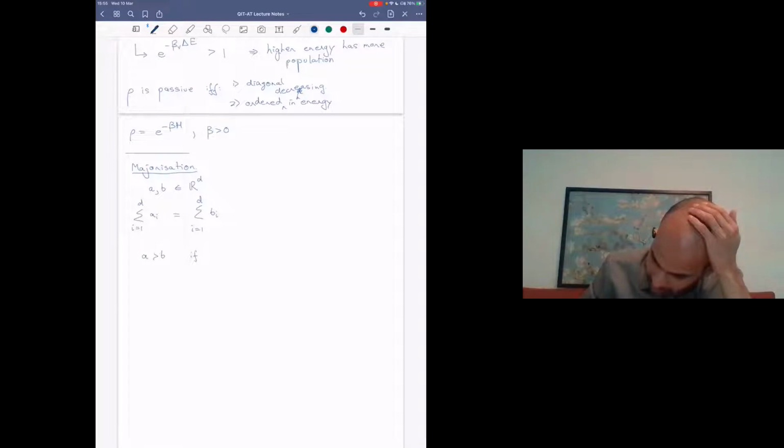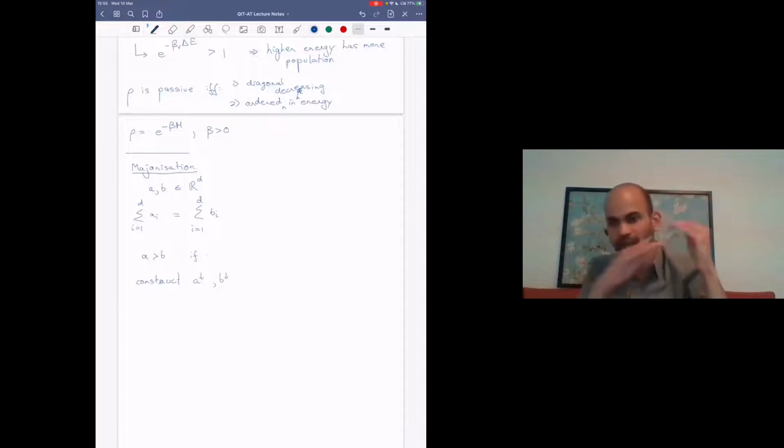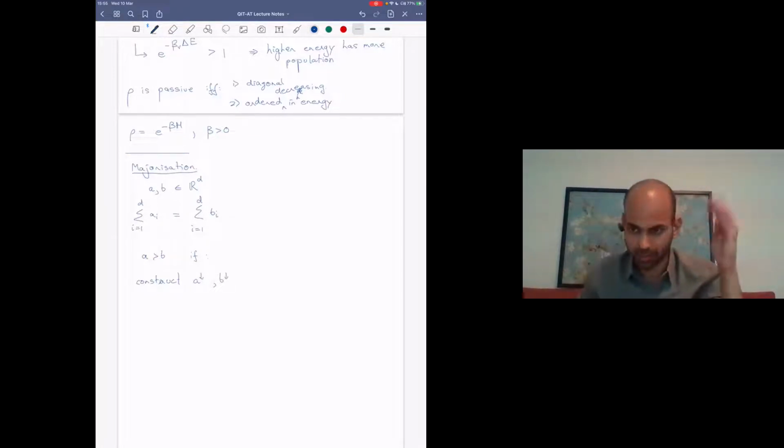First of all, I construct the vectors A decreasing and B decreasing, which are the same as A and B, but I simply order the elements to be in decreasing order.